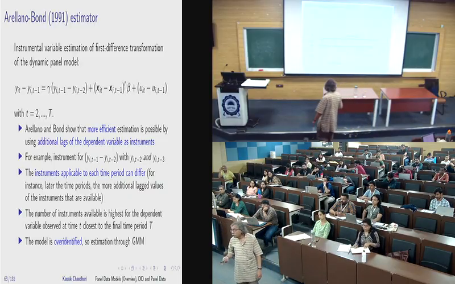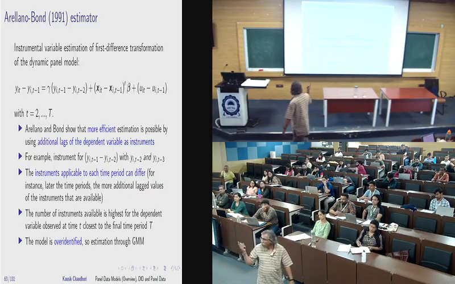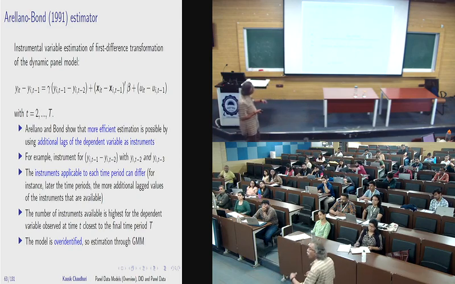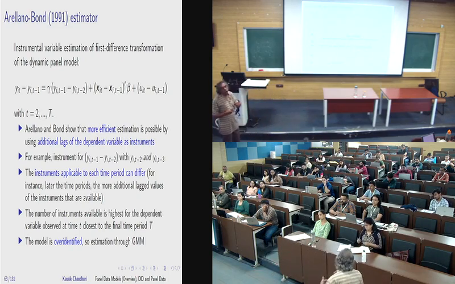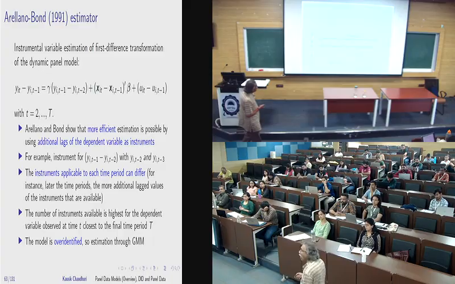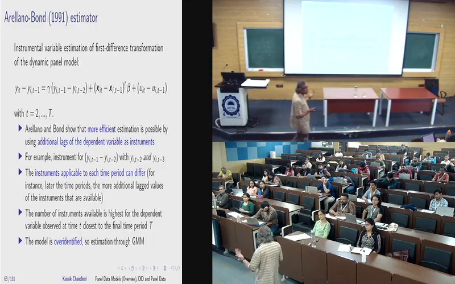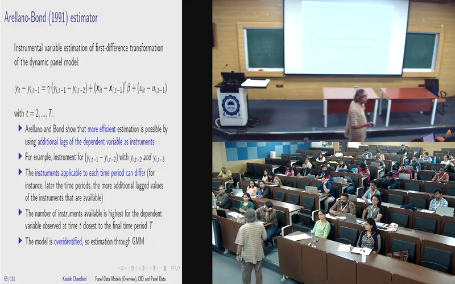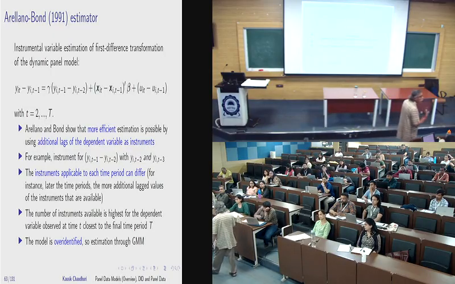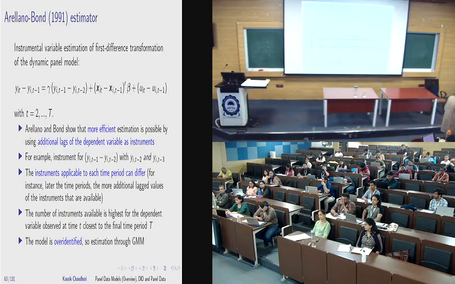The number of instruments available, and that's my point, is highest for the dependent variable observed at time t closest to the final time period. Recall, I call that t minus capital T, right? And the model is over-identified, and therefore I use a generalized method of moments estimator by imposing this additional orthogonality condition for each one of the time periods.